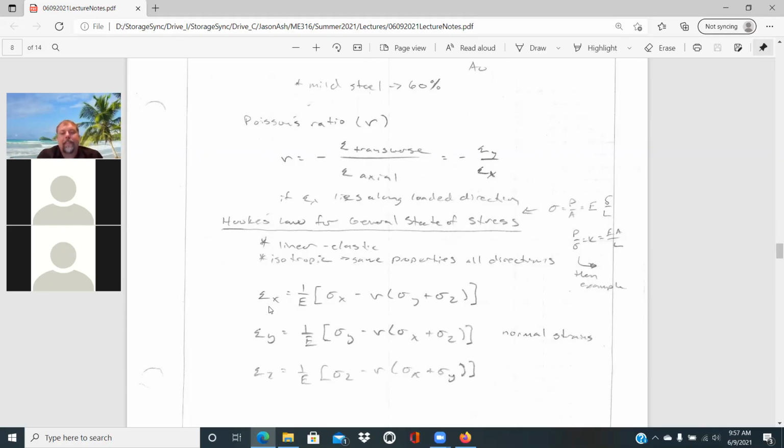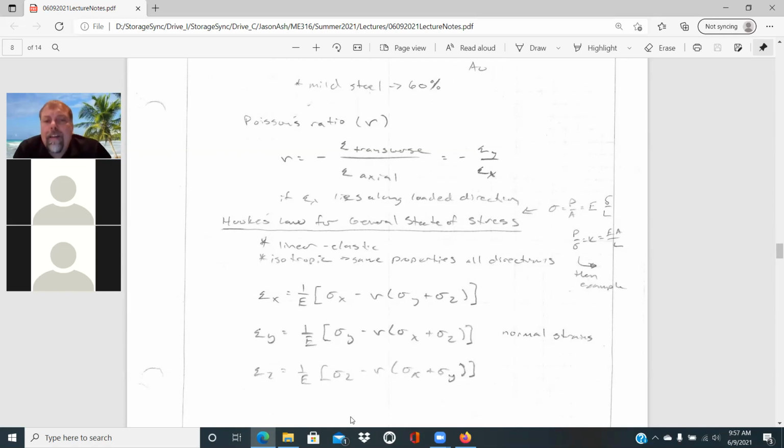We have strain in the x: all these start out as 1 over E times the stress in that same direction, so sigma x minus nu times the quantity of the stress in the other 2 directions. We see the same thing with strain in the y: you're repeating that subscript, sigma y minus nu times the stress in the other 2 directions. So this 3D Hooke's law is still pretty easy to memorize, just seeing that pattern.